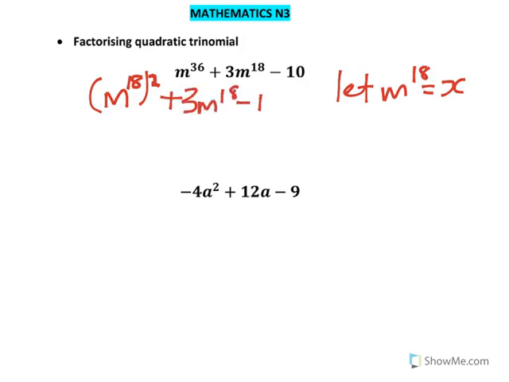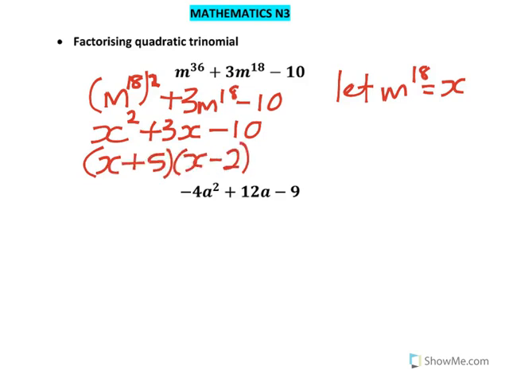Plus 3m18 minus 10. But remember, where there is m18, you're going to put an x. Then this becomes x squared plus 3x minus 10. You understand? And when you factorize it using the product and sum, this is what it's going to give you.